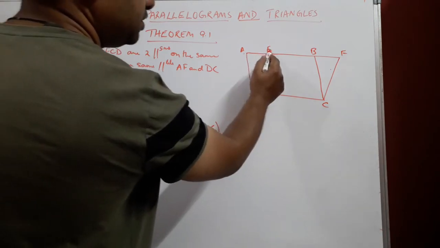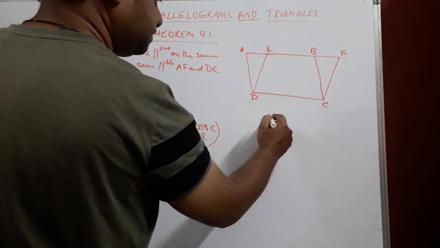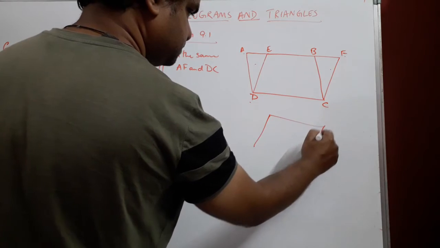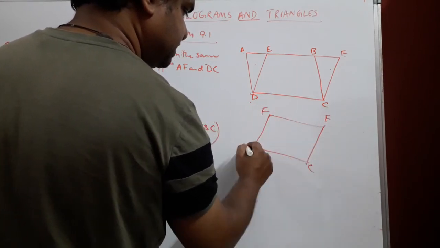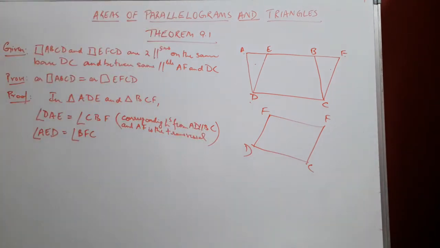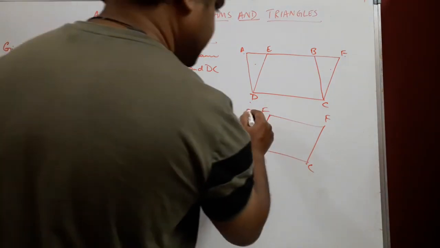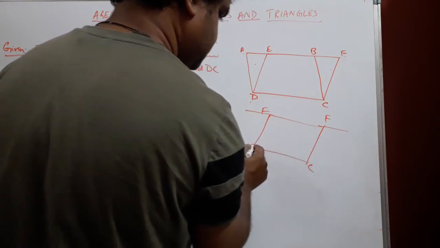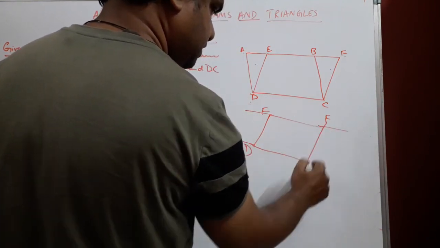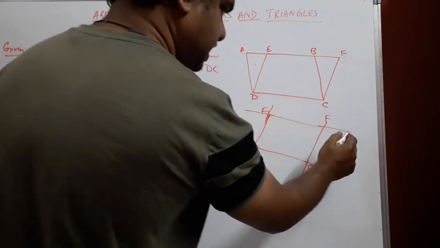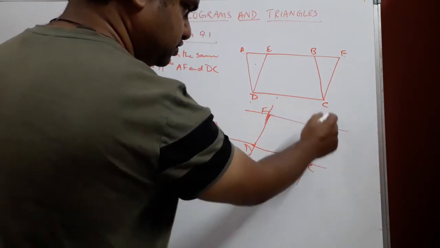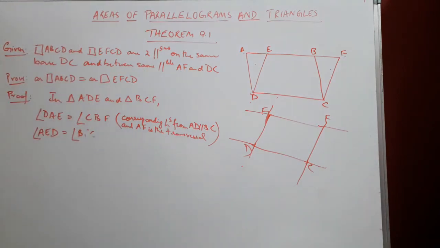Now I'll draw EFCD. Okay, this is a rough diagram. We have EFCD. Okay, and once again, if I extend this out here, we know that this line is parallel to this line and this line is also parallel to this line. It's a parallelogram after all.